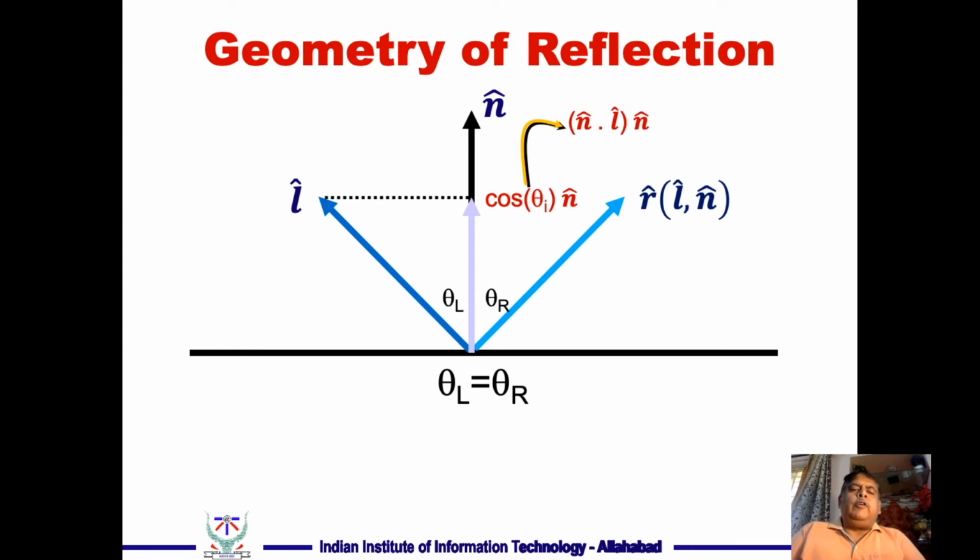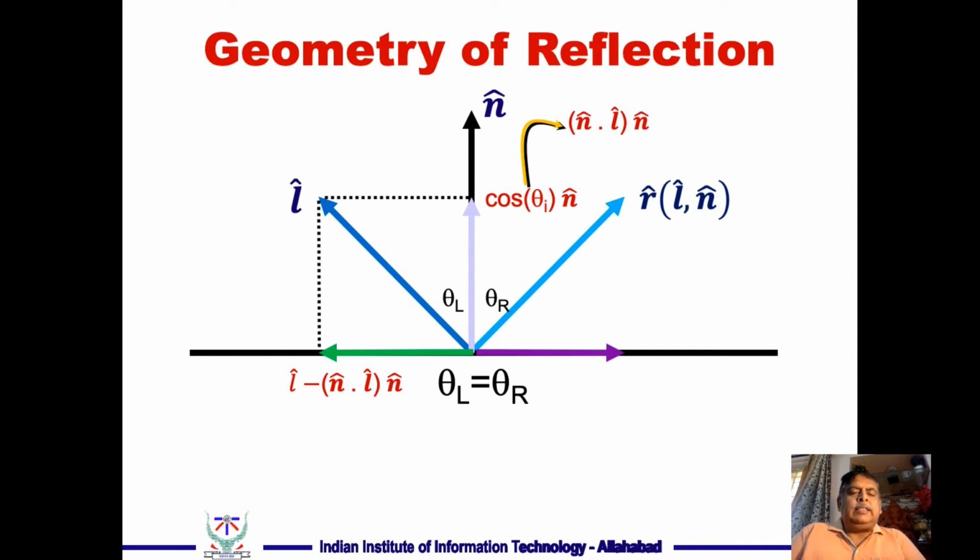Now, of course, I can break the vector L into two components. The other component being perpendicular to the normal, that is on the surface of the illuminating surface, and this can be written simply by doing L minus the component parallel to the normal.